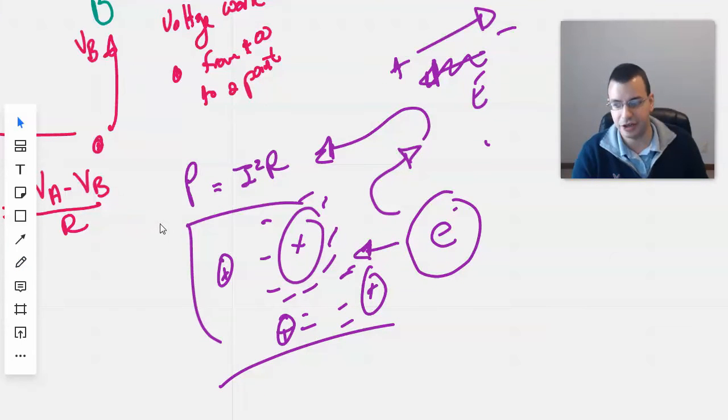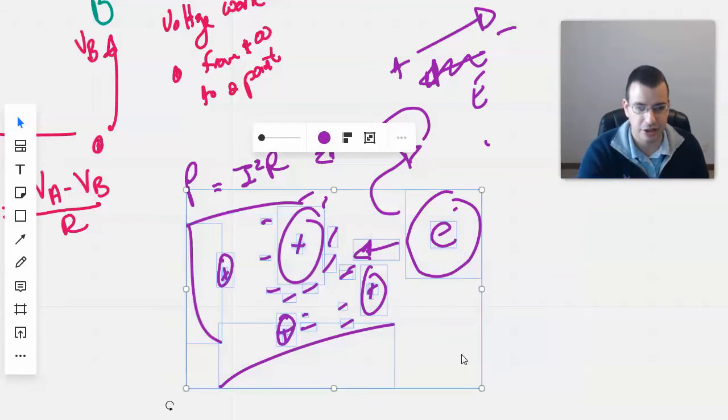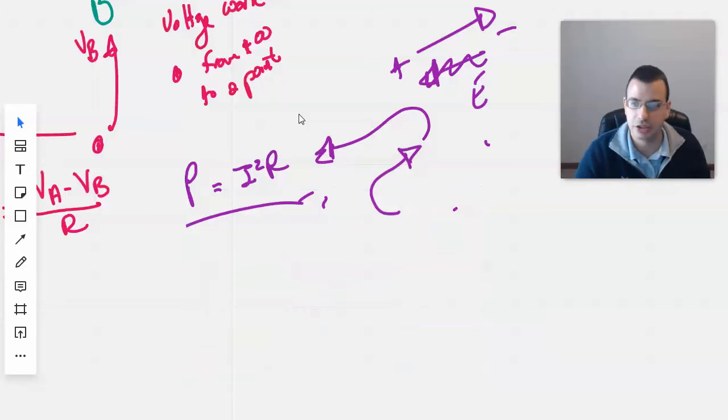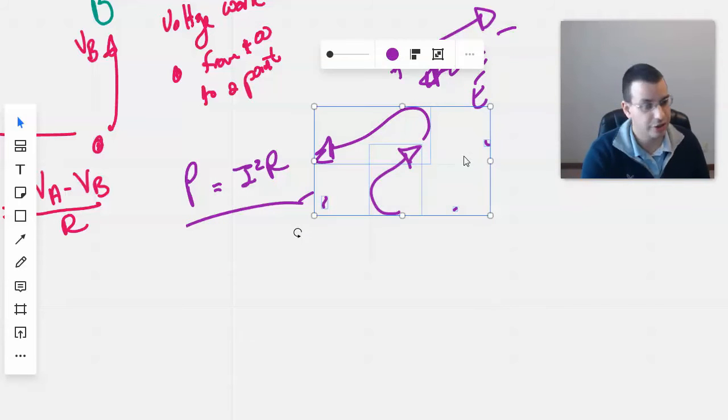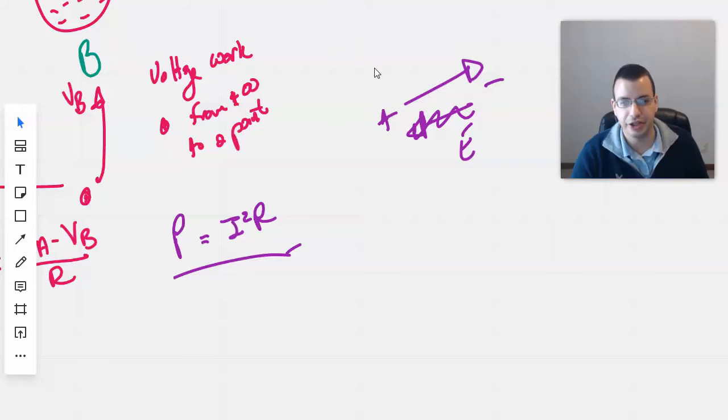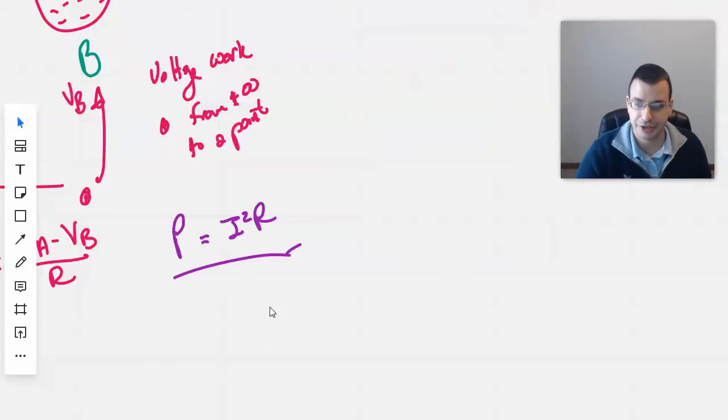And that interference or deviation from the straight path is what's going to give you more or less these losses or inefficiencies, this resistance and I squared R losses.